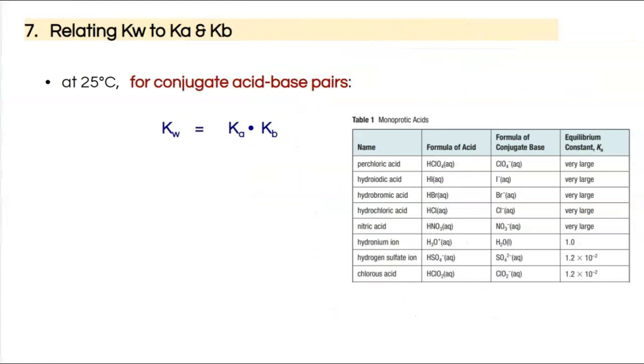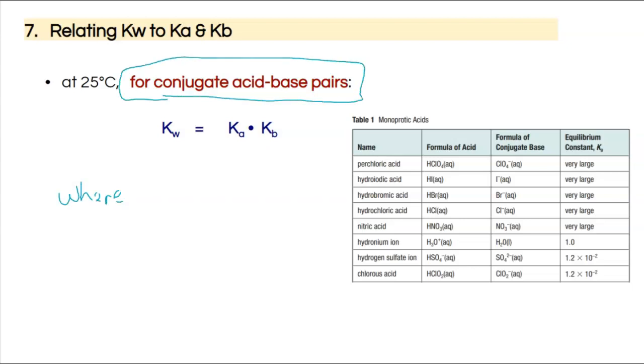So we say that in general, for conjugate acid-base pairs, Kw can be used in order to find out Kb, because we know that Kw will equal Ka times Kb, where, and let's be really careful about this, we have acid-base conjugate pairs.